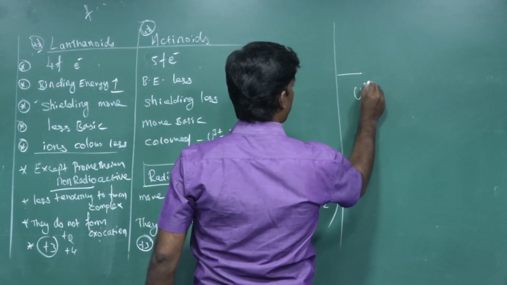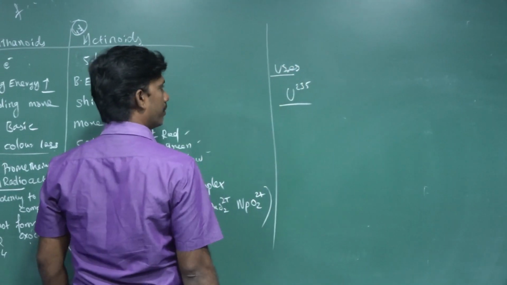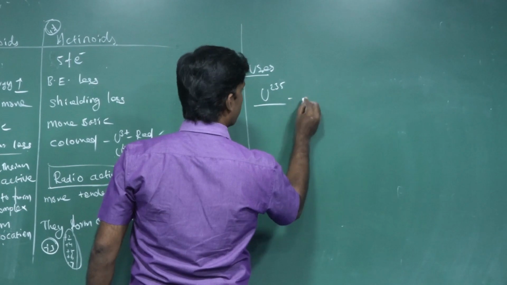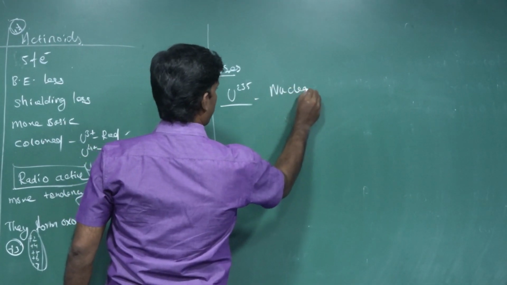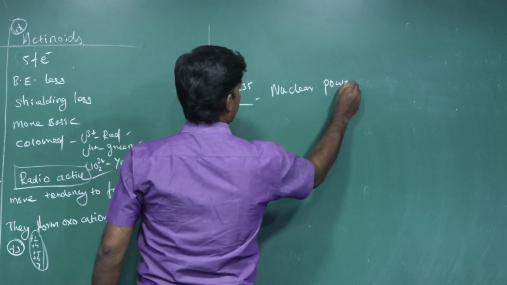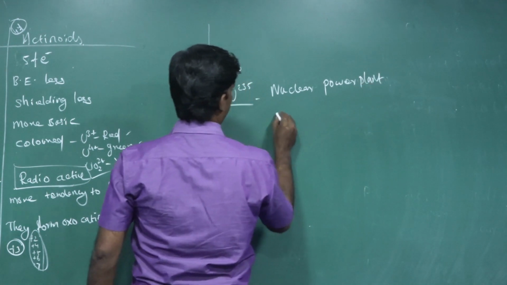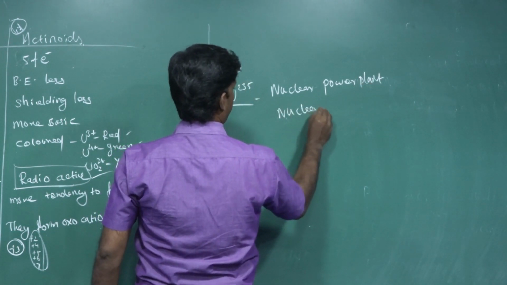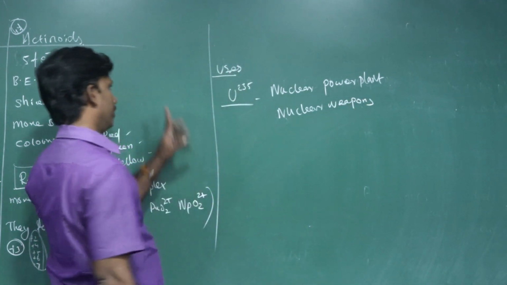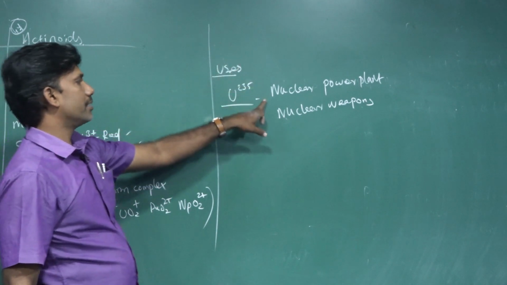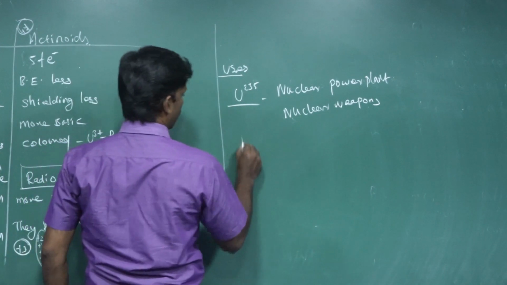Uranium-235 is used in nuclear power plants and nuclear weapons. So uranium-235 is used in a nuclear reactor, in a nuclear power plant, and in nuclear weapons. This is its main use.